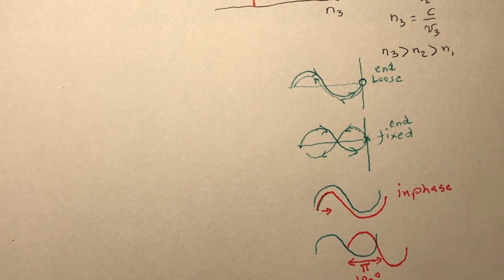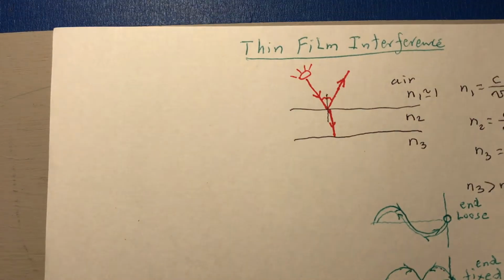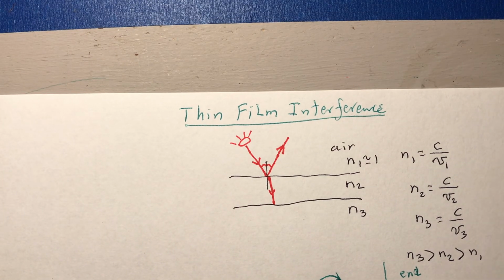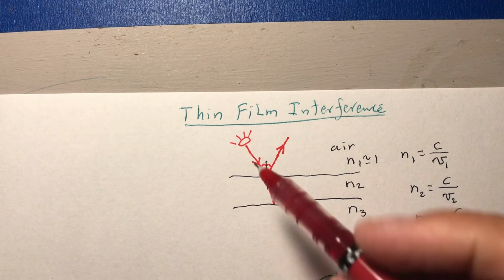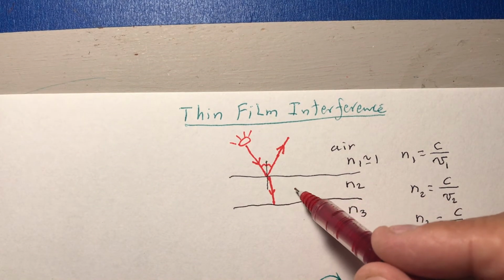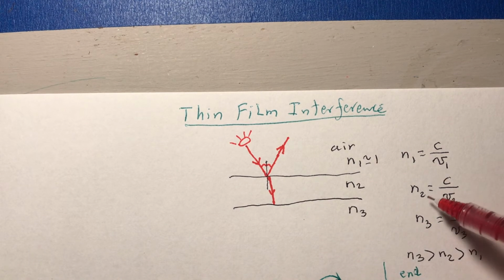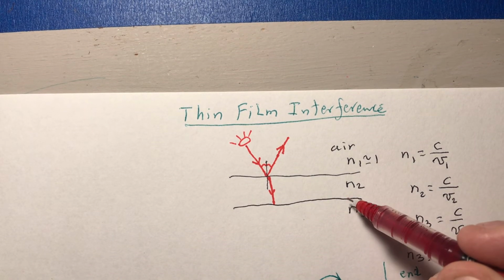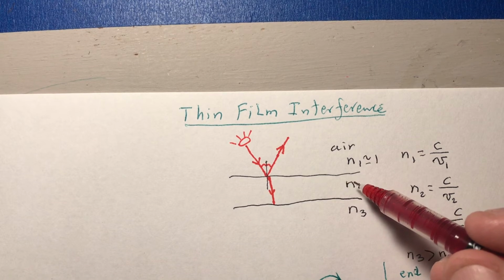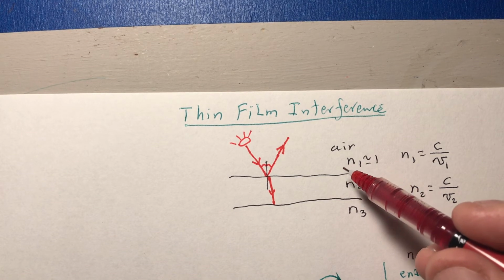Now, if we look at this picture here, the top picture, the wave was coming in and is going to encounter this medium with N2. And remember, N2 is bigger than N1.